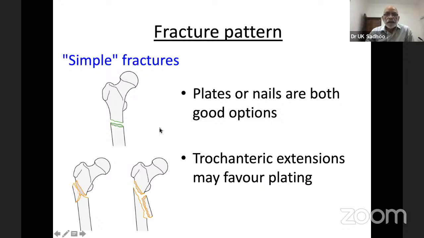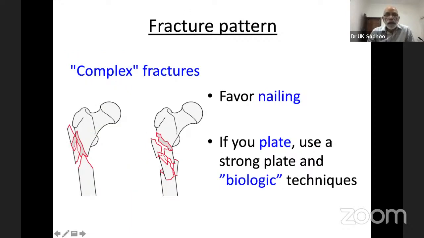Let's take it a little further. In a relatively simple fracture, both the plate or the nails will work, but if there is a trochanteric extension, you may think of a biological option of a plate. In a more complex fracture with a lot of comminution, I think nailing is to be preferred.